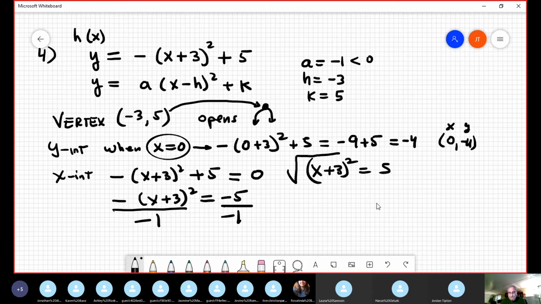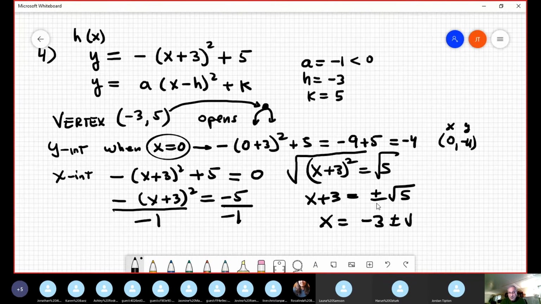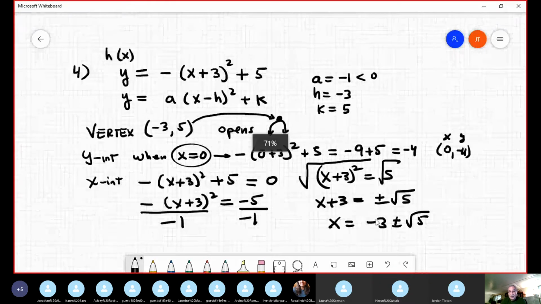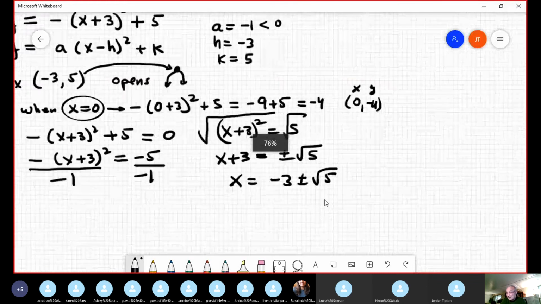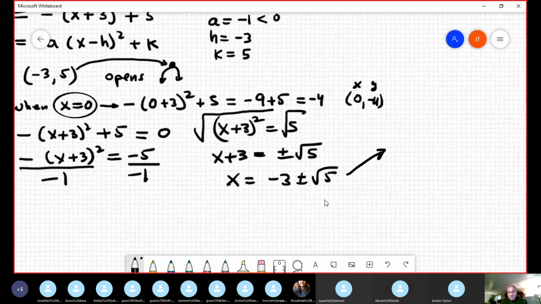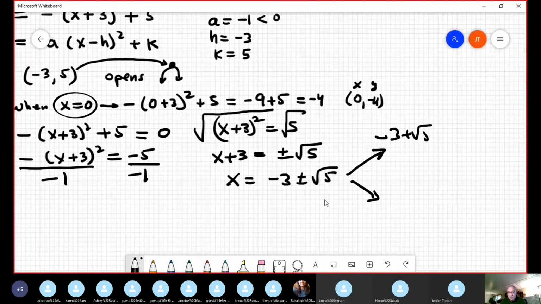Square root both sides: x plus 3 is plus or minus radical 5. Radical 5 cannot be simplified more. So x is equal to -3 plus or minus radical 5. Since I want to do the graph, I don't leave it like that because this is the exact answer. I need the decimal approximation. I break it down: -3 plus radical 5 and -3 minus radical 5.